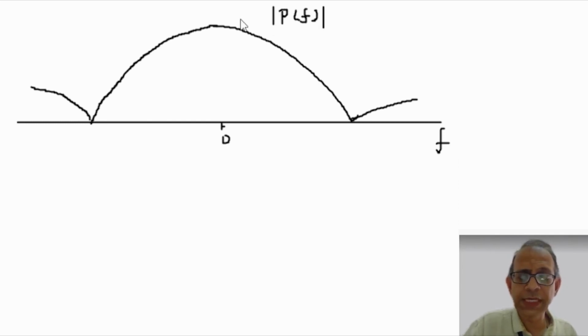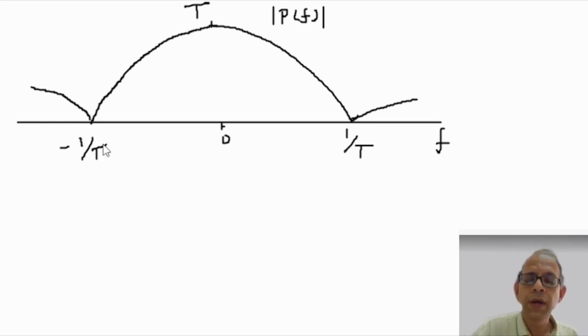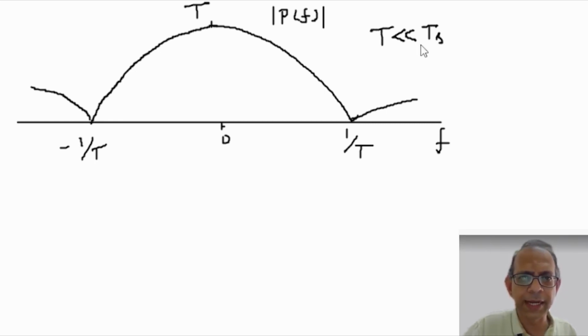Magnitude of P(f), which is T sinc(fT). So it is magnitude T at f equal to 0, and the zero crossings occur at 1/T, minus 1/T and so on. Note that because T, the pulse duration, is much smaller than the sampling interval Ts, 1/T is much larger than the sampling frequency Fs, or 1/Ts.